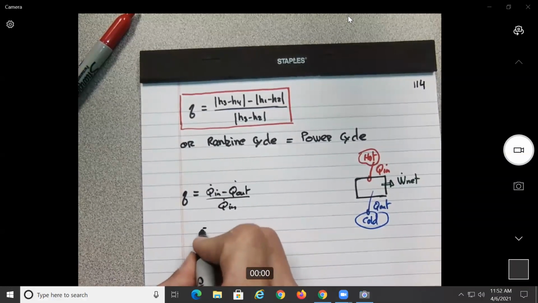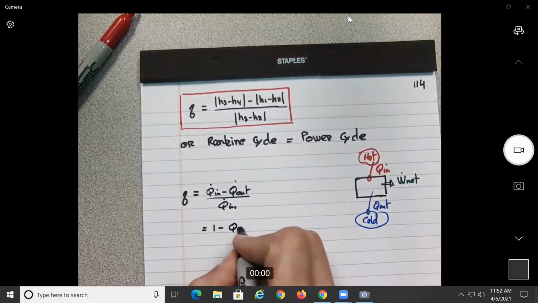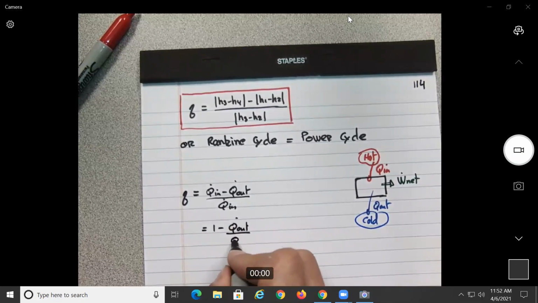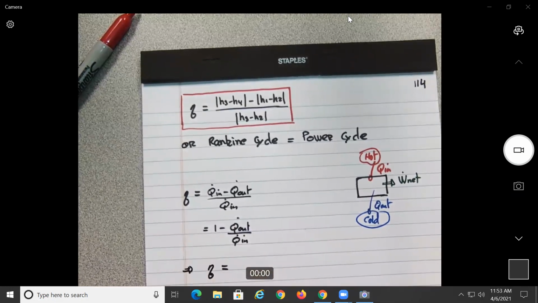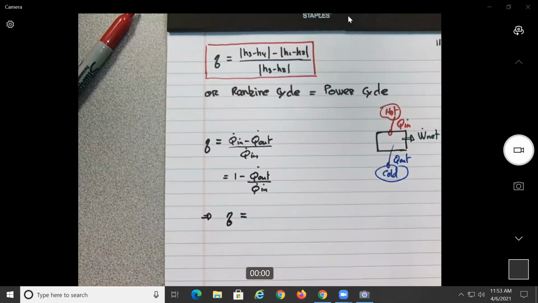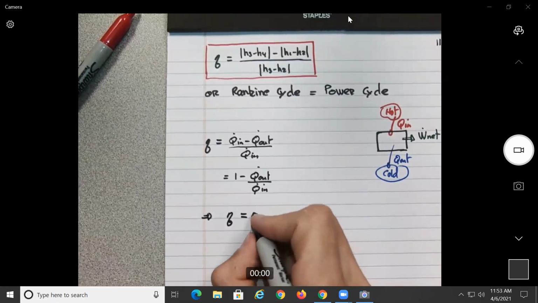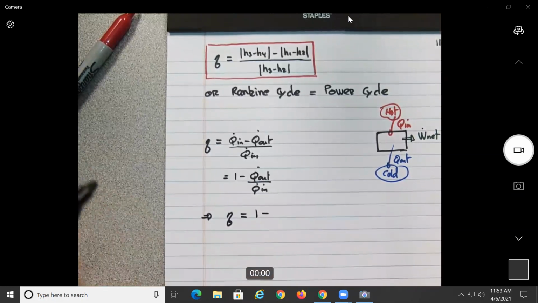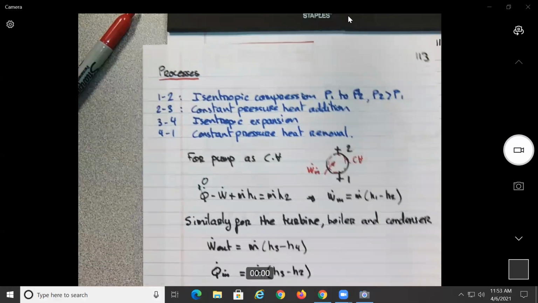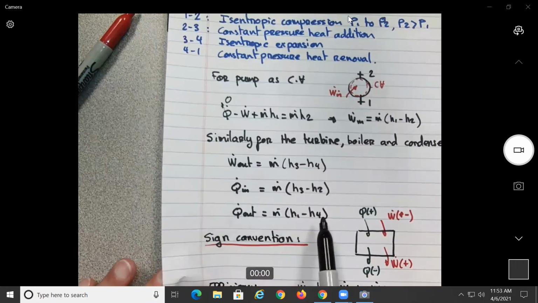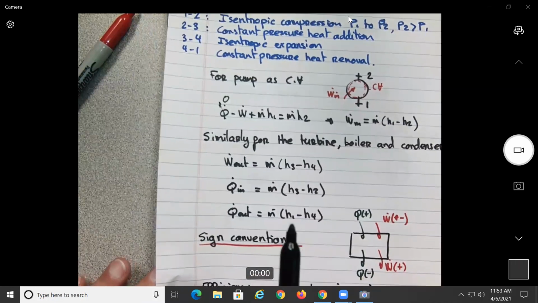And we say that you can write it as 1 minus Q out over Q in. So what is Q out? Q out, we just calculate to be H1 minus H4, and we're just going to take the absolute value, okay?